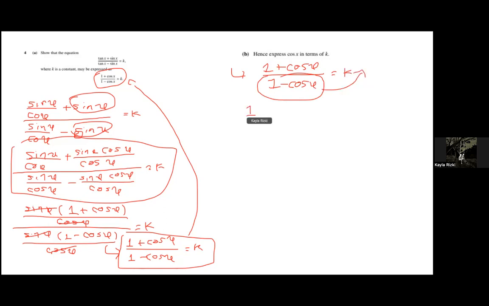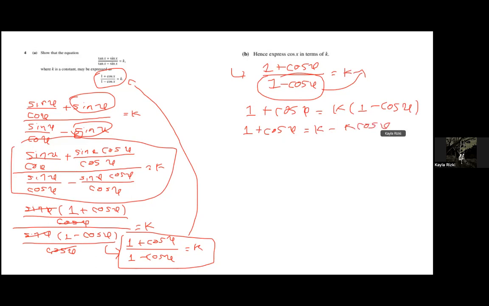Jadi 1 plus cos x equals to k times 1 min cos x. Jadi 1 plus cos x equals to k min k cos x.